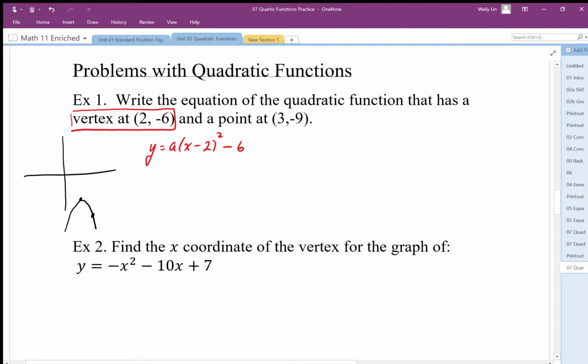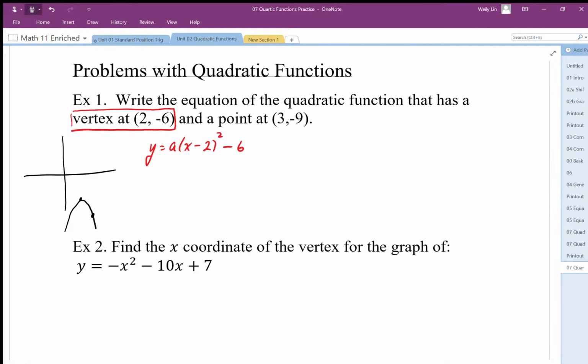And this is where the property that any xy pair can be substituted back into the equation. Now, if I substitute the vertex back into the equation, what I end up with is -6 equals -6, which is not wrong, but doesn't actually give us any new information. It's because we're reusing that same information that gave us the function to try to solve for a. So we can't really do that.